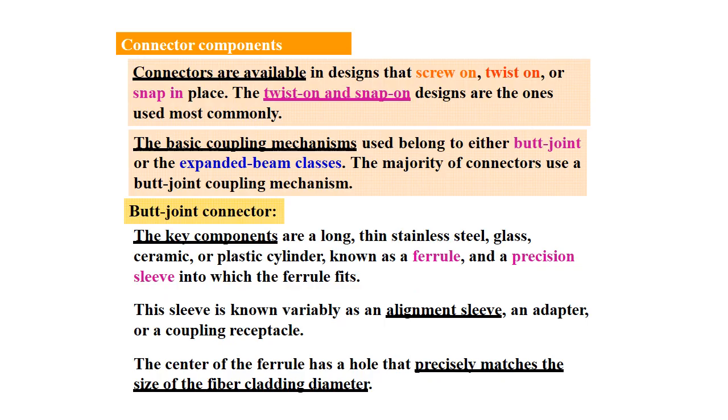Next one is the connector types and components. The connectors are available in designs that screw on, twist on or snap in place. The twist-on and snap-on designs are the ones used most commonly.